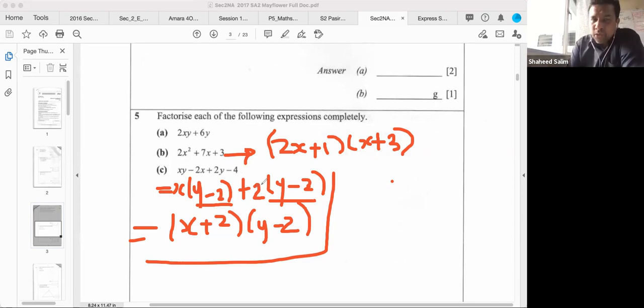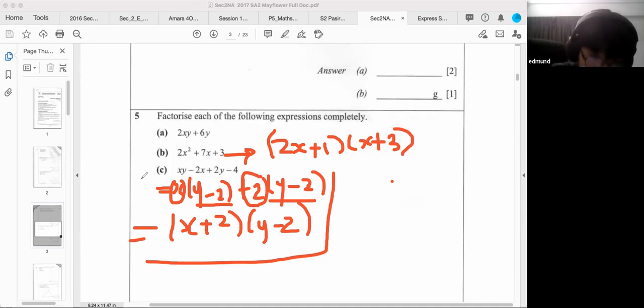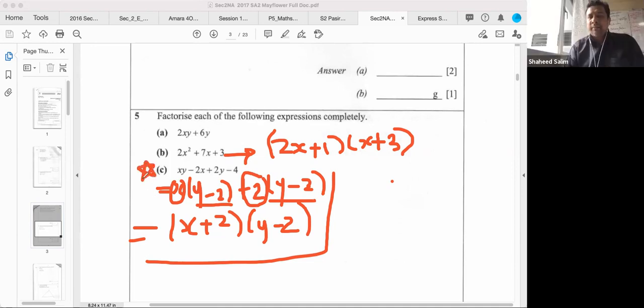Can you see now? So this now that is in front, we take it, we put inside a bracket. Remember, this will be the most difficult type that they will ask. So when they give you like that, remember most probably you factorize this one first, factorize this one, then you see both have the same. Then you put x plus 2, but don't forget your y minus 2.